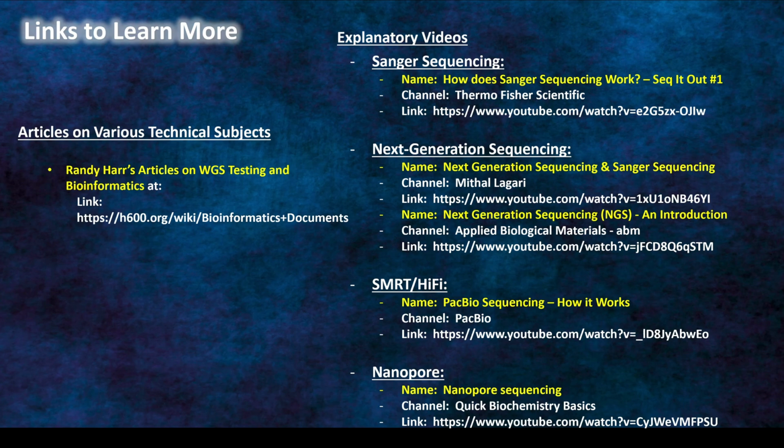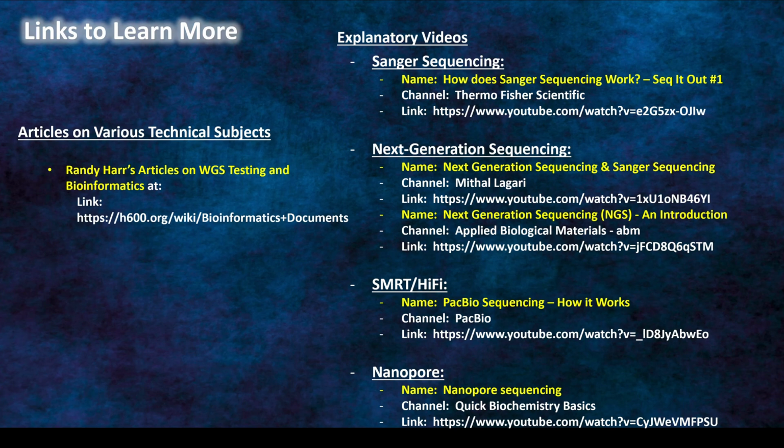He focuses on whole genome sequencing, but a lot of what he writes is also applicable to the more targeted NGS tests like Big Y700. And his link is here on the left-hand side if you want to go there and get a lot of information about read depth, read length, and a whole slew of other aspects about whole genome sequencing.